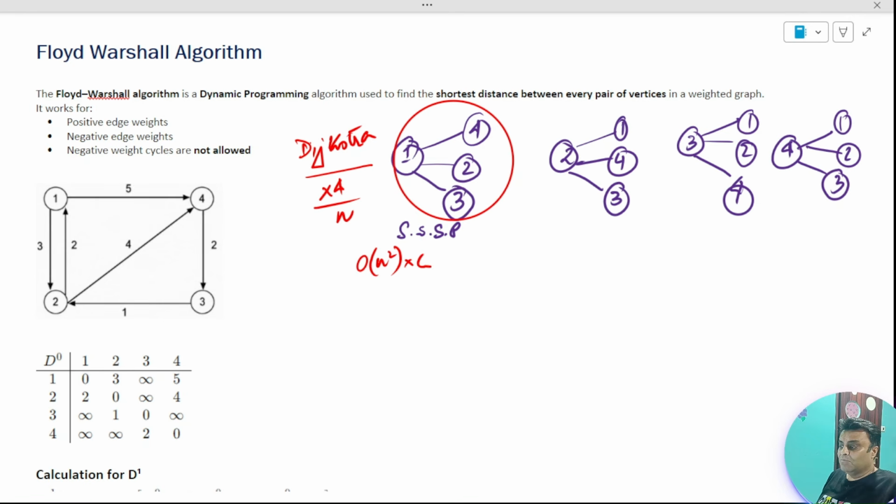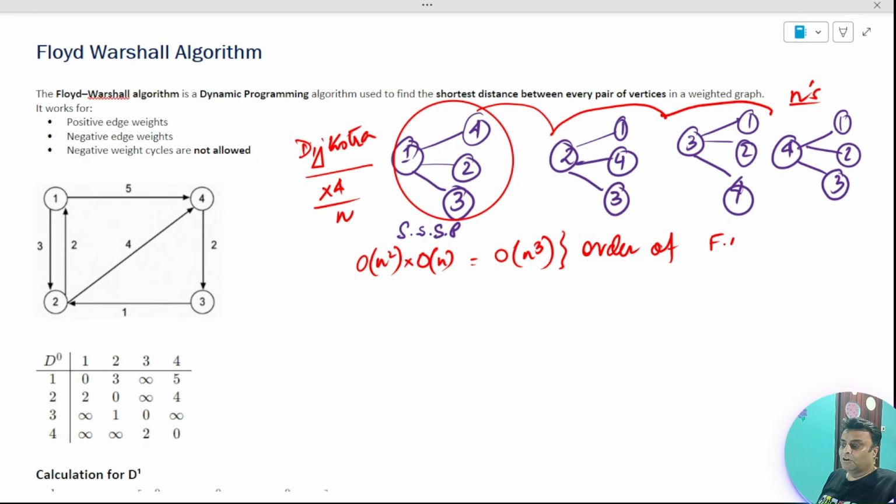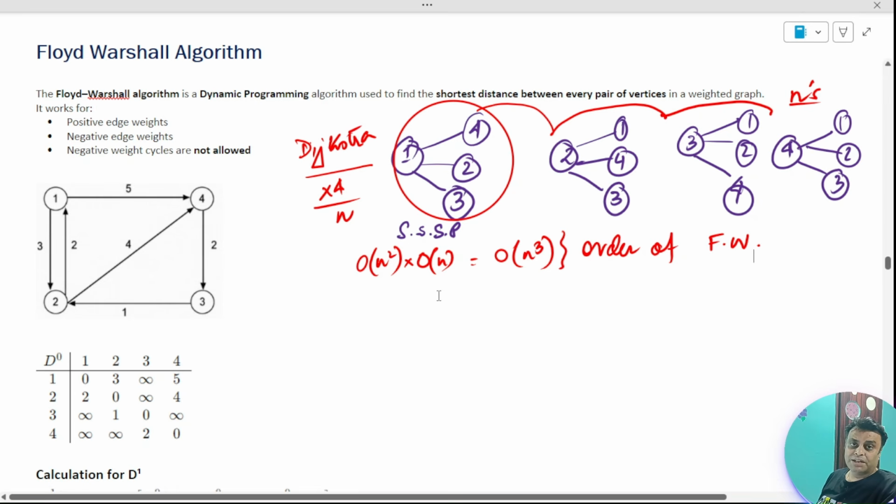We need one more order, in order to say that we are going to do that many n's of Dijkstra, order of n cube, and this becomes the order of Floyd-Warshall algorithm. There is another way to draw the order, we will see that, but this is in a nutshell why we are saying that the order of Floyd-Warshall is n times that of the order of Dijkstra.